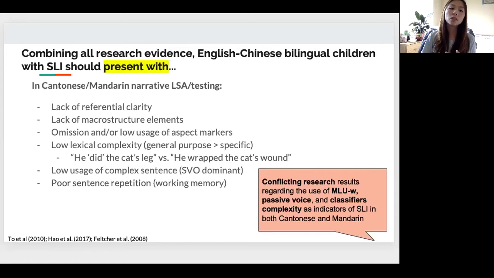Using passive voice or complex classifiers is highly dependent on how much language input and exposure the children have. And some research has suggested that these two features of language are rarely used in child-adult interactions, which implies that they might not be accurate indicators of Chinese SLI.